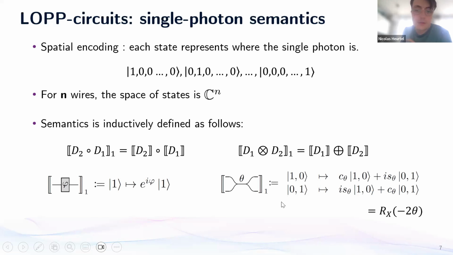And for the beam splitters, as you can see, either the photon is on the top wire or the bottom, and it will make a superposition of the two. For those more familiar with quantum gates or Pauli rotations, you can see that the beam splitter is also a rotation on the x-axis, just with a different angle, so you can interpret the beam splitter as a rotation.